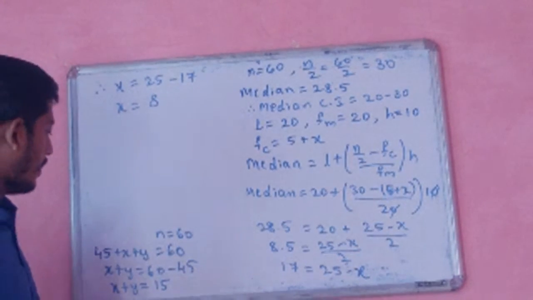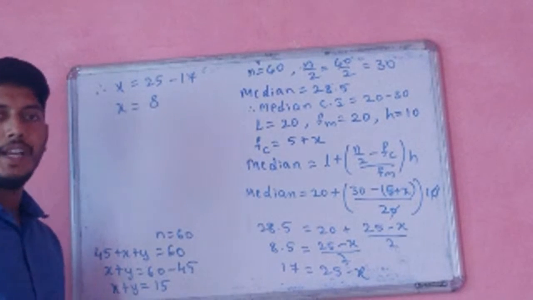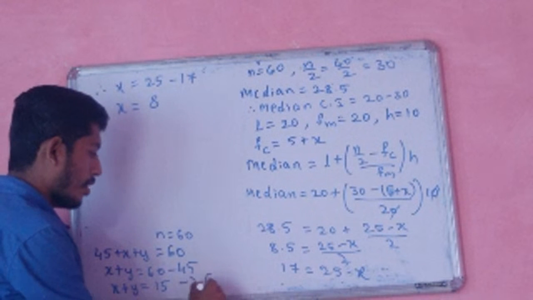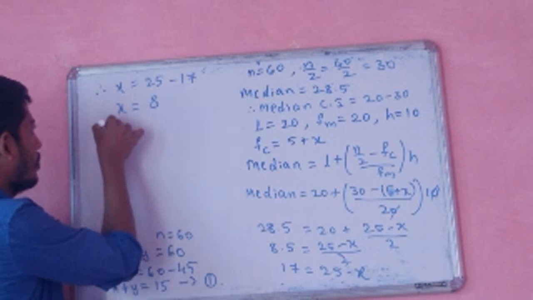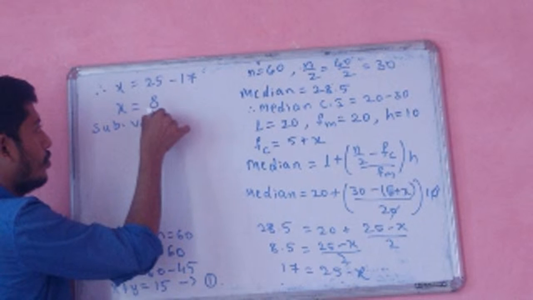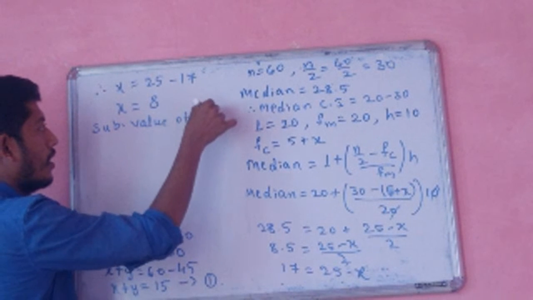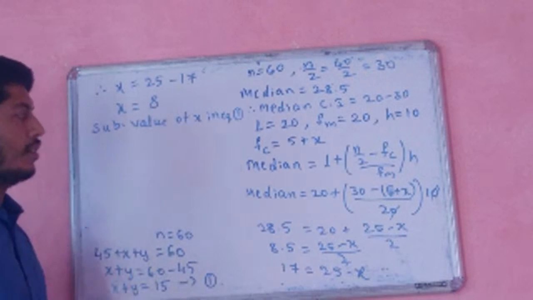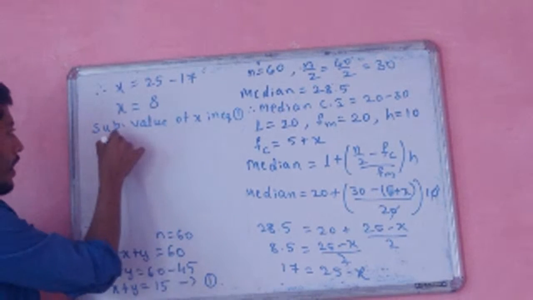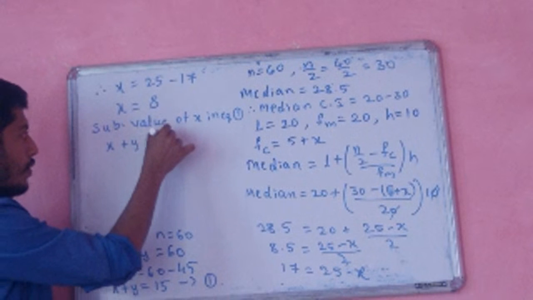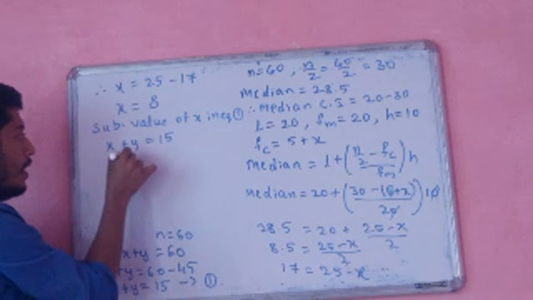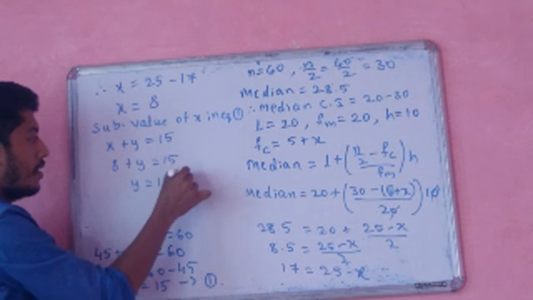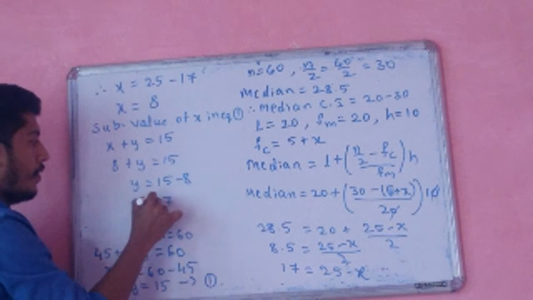Now in the first expression we have x plus y equals 15. I will call this equation number 1. Substitute the value of x in equation 1. x plus y equals 15, x value is 8, so 8 plus y equals 15. Therefore y equals 15 minus 8, and y becomes 7.